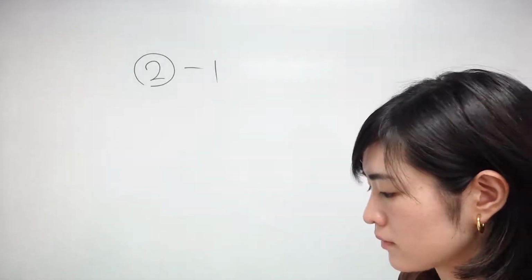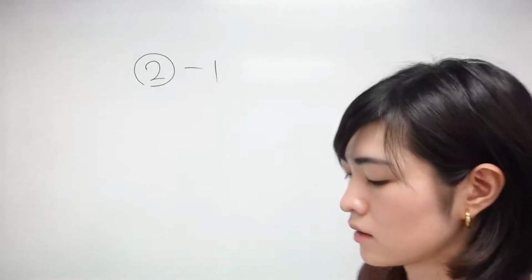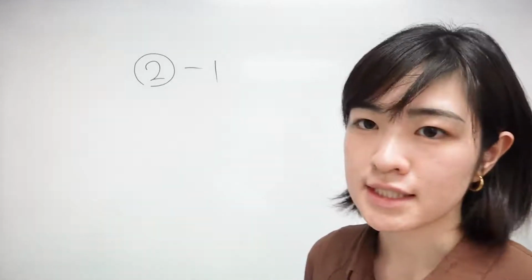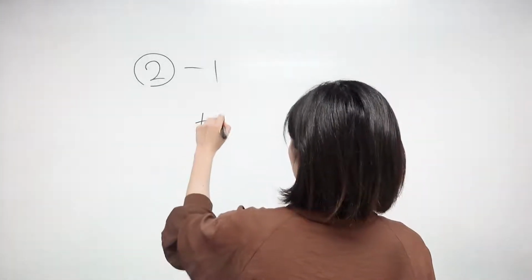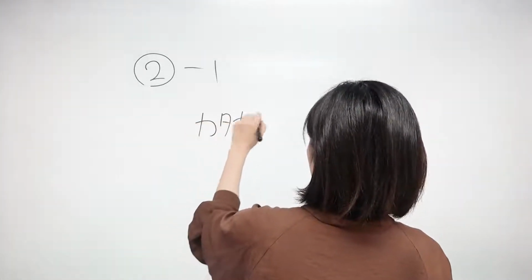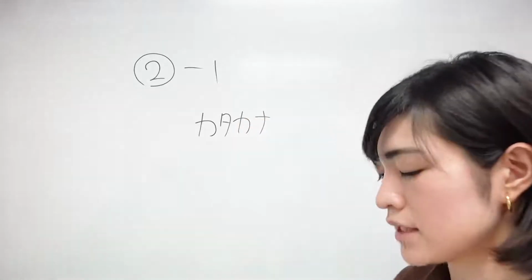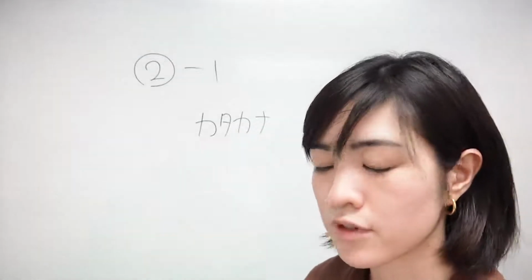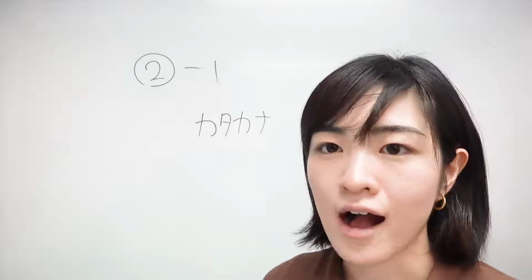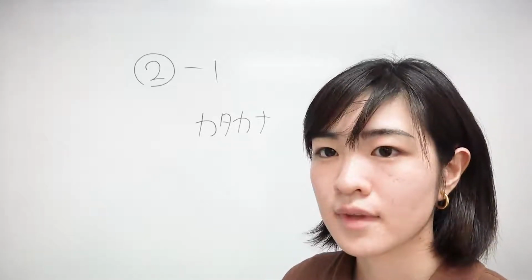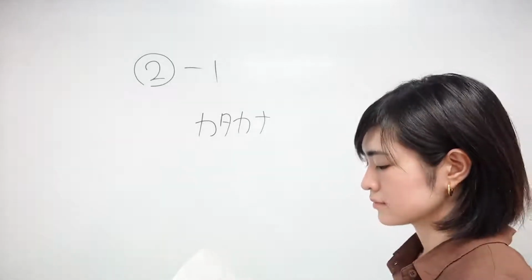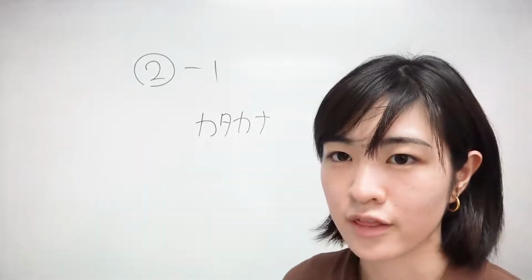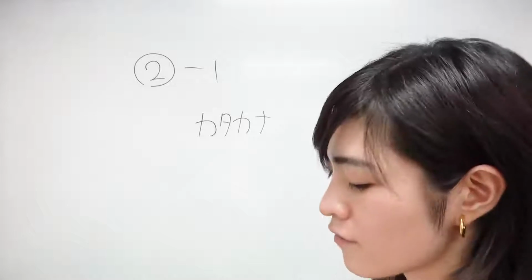So now we see names of countries written in katakana. So let's read the countries. First one. America. This is the United States of America.